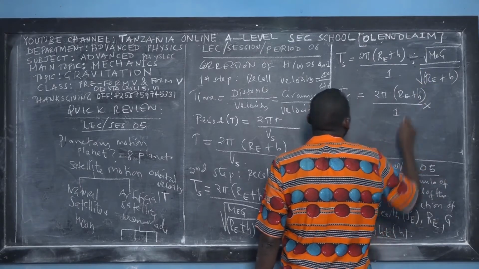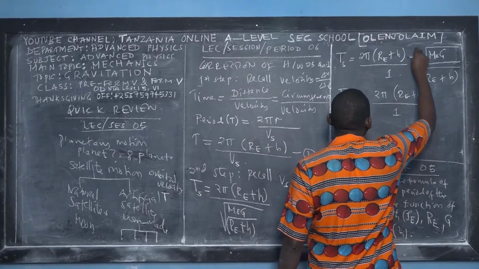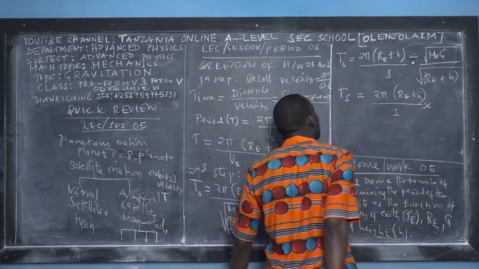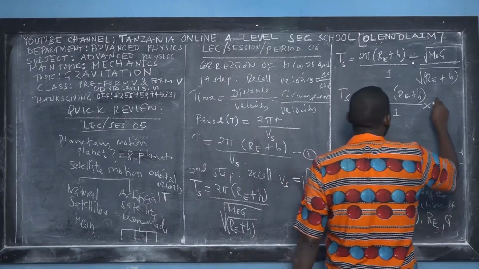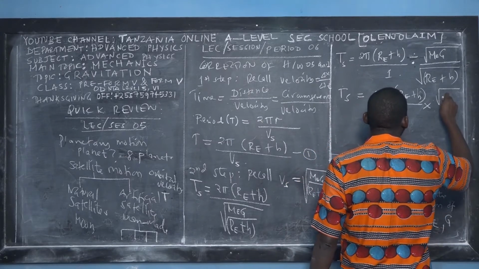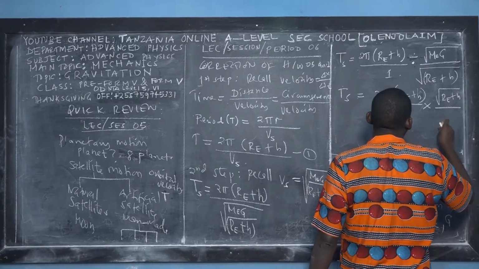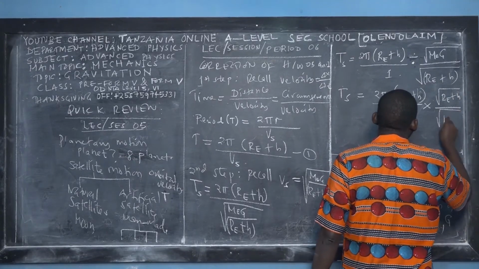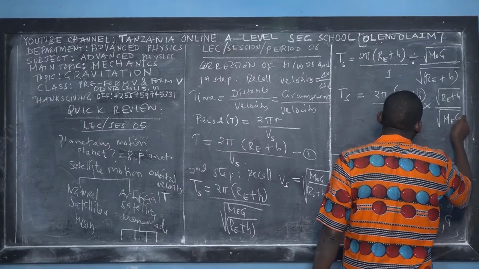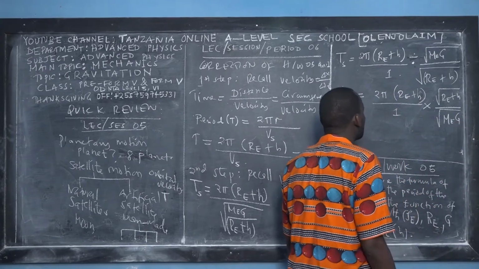Then if we change the operation from division to multiplication, the denominator becomes the numerator and the numerator becomes the denominator. So this is the square root of the radius of the S plus h, over the square root of the mass of the S times the gravitational constant.